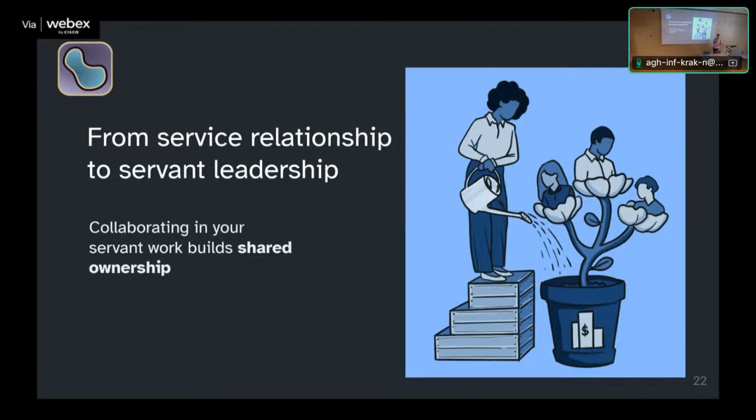And instead of that, we're still serving, but you can think of it as a servant form of leadership, where you do work in order to build up others and grow their work. It's thinking about your leadership as a way of being a servant towards other people. And that, surprisingly, I think is what built more shared ownership, as more people started to contribute to these libraries than had ever done so before.